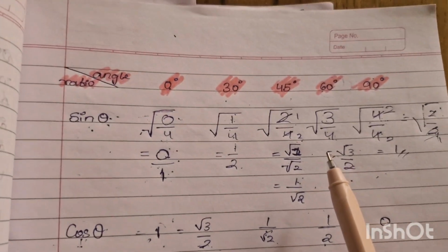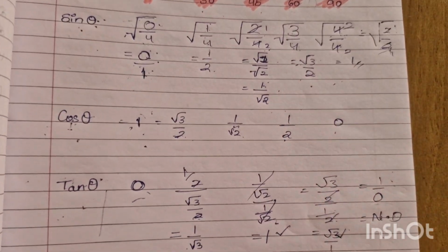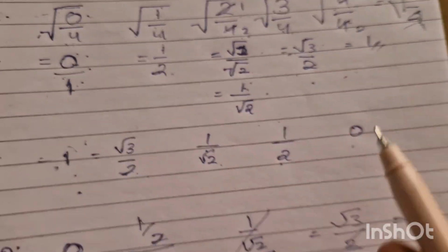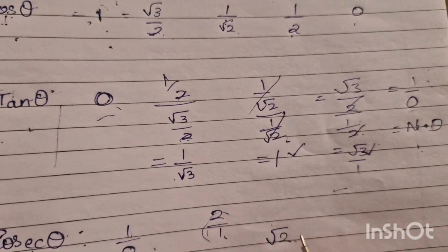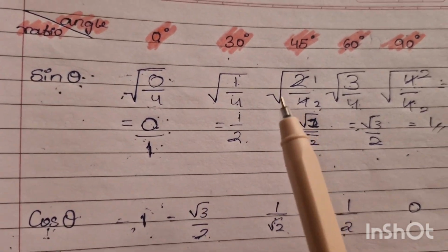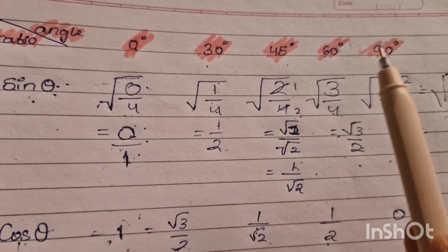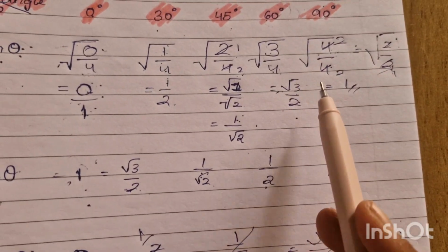Here the reciprocal of sine 45 is cosecant 45. So the ratio of this is root 2, sorry, I misread it. And sine 60 is root 3 by 2.